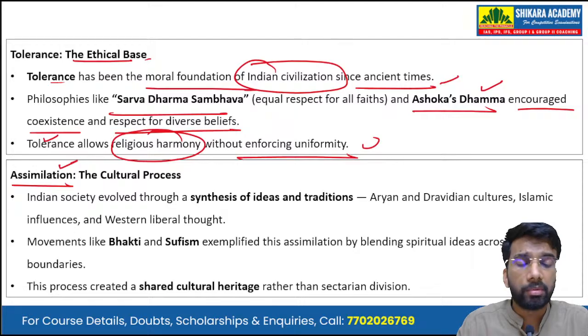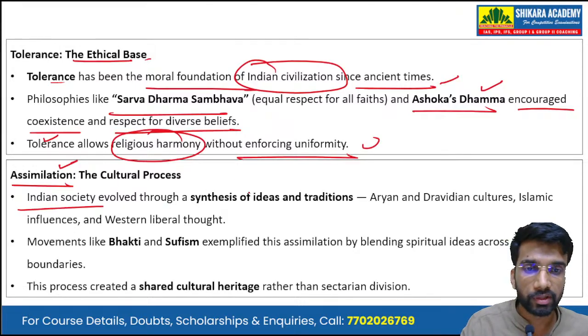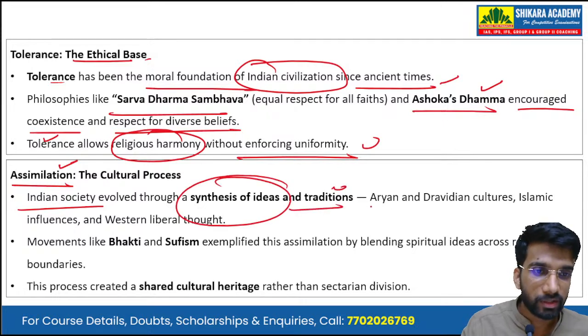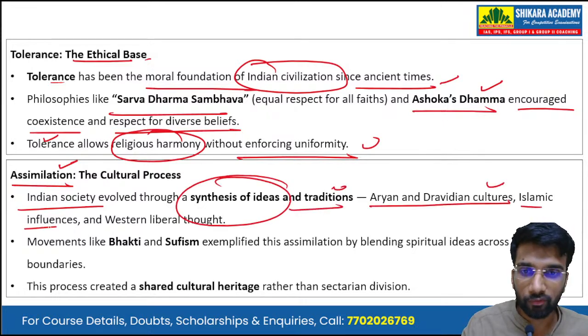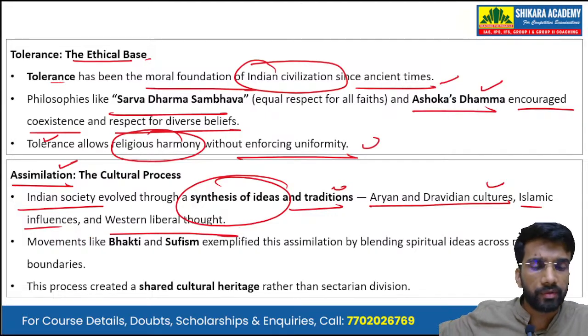Then is the concept of assimilation, which is a cultural process. Indian society evolved through a synthesis of ideas and traditions: the Aryan and Dravidian cultures, the Islamic influences, and Western liberal thought. So there has been the influence of every culture.